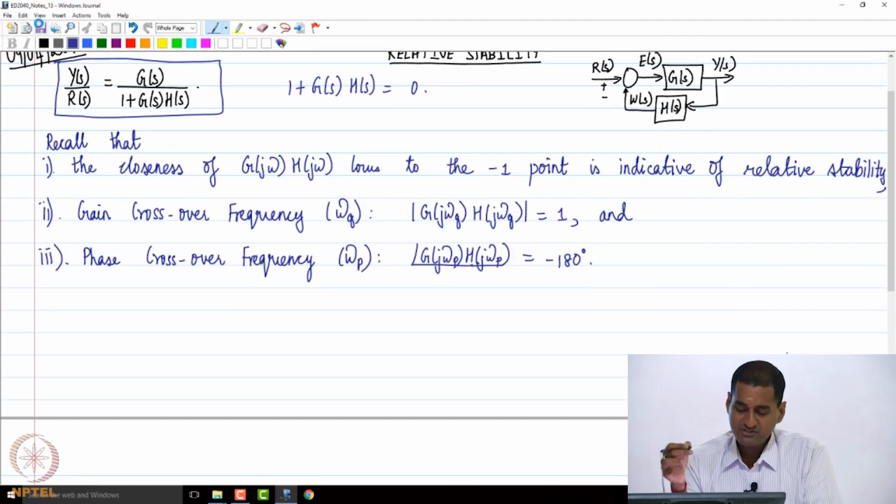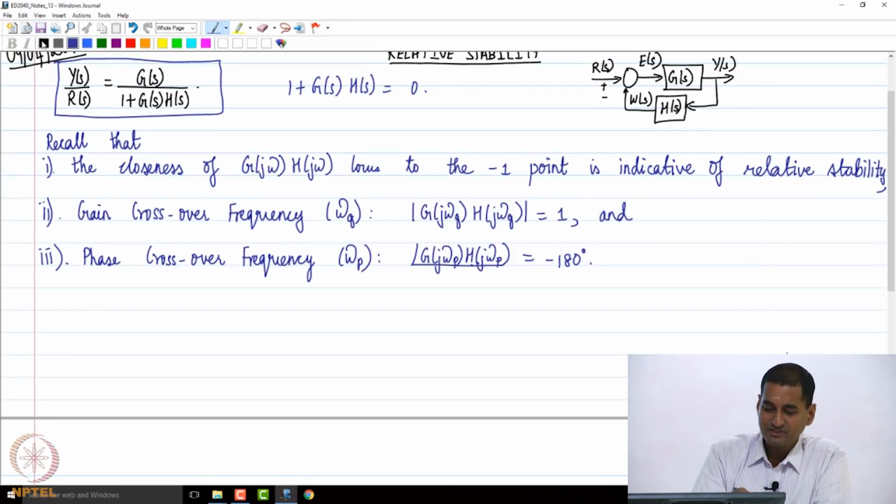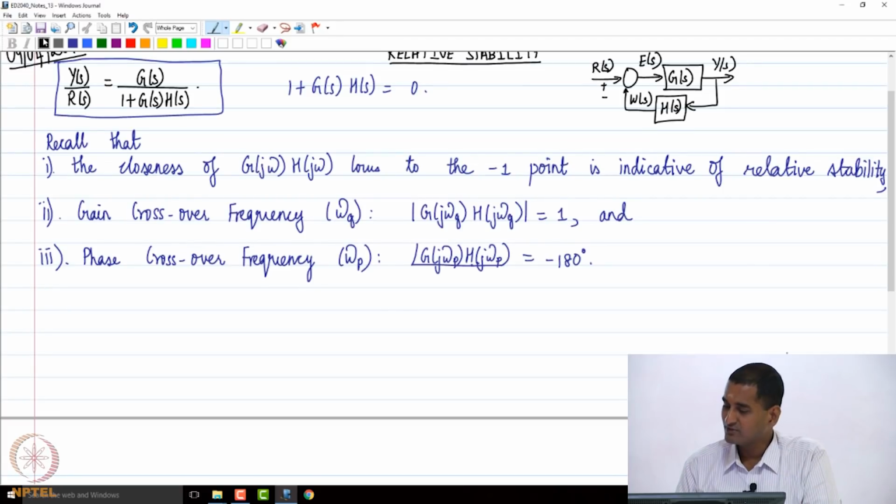The phase crossover frequency omega p is the value of omega at which the phase of the open loop sinusoidal transfer function becomes -180 degrees. And why are we worried about 1 and -180? Because that characterizes the -1 point in the complex plane.